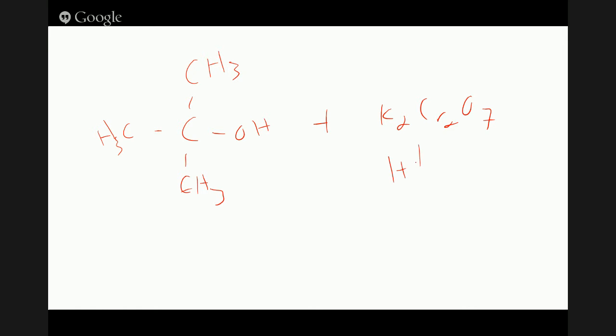Okay, so if I had a tertiary alcohol, oops, not H3, sorry, CH3. If I have a tertiary alcohol and I add an oxidizing agent and I have a catalyst, that's going to be a big no reaction. Tertiary alcohols cannot be oxidized.